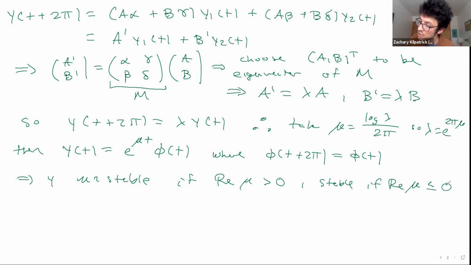Okay, so by recognizing that each time I go through a period, that's going to somehow update the amplitudes corresponding to my periodic function, I've recognized that there's some eigenvalues associated with the growth or decrease in that amplitude.